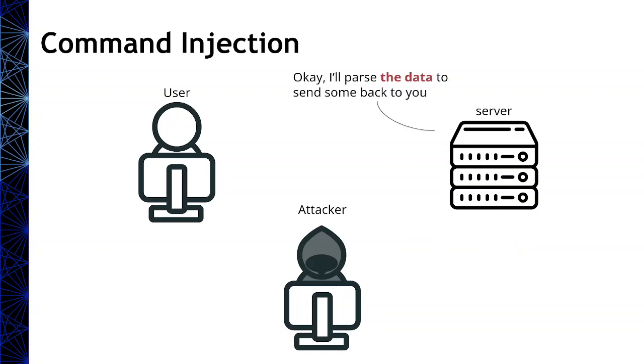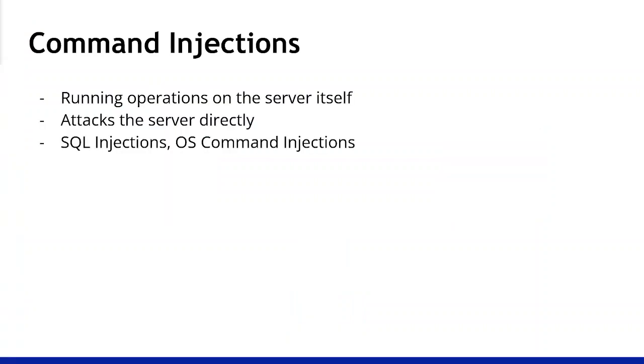Then when the server retrieves that data, it'll parse it, but because it's malicious, that's when the server gets infected itself. So once again, command injections will typically run malicious operations on the server itself and will attack the server directly. We've seen this in the past with SQL injections, assuming you went through the beginner workshops with us, and we'll be seeing it today in operating system command injections.